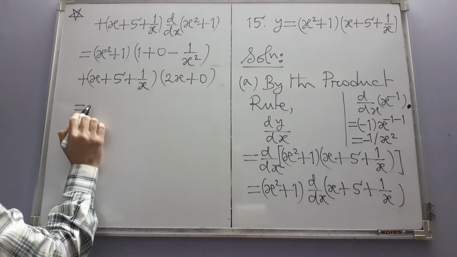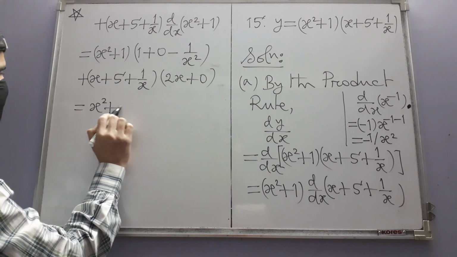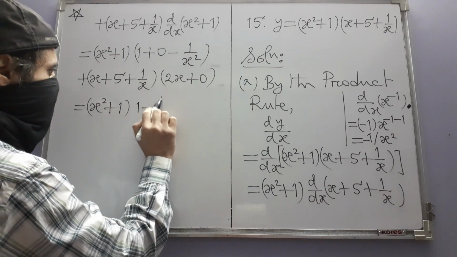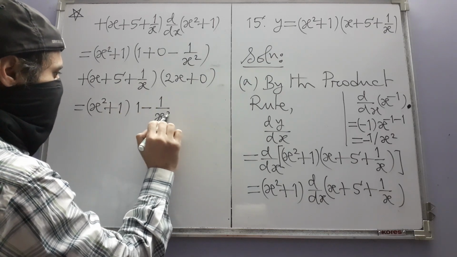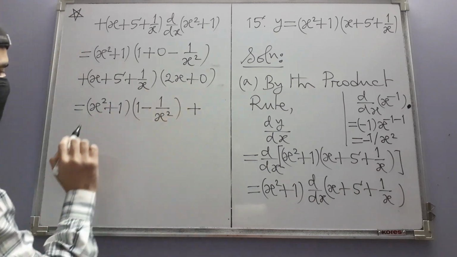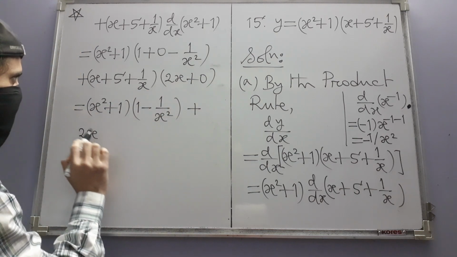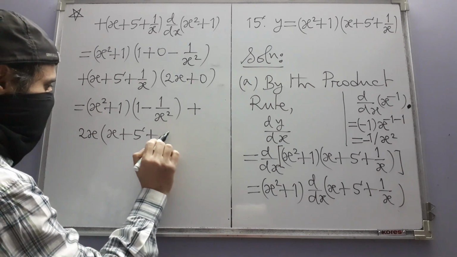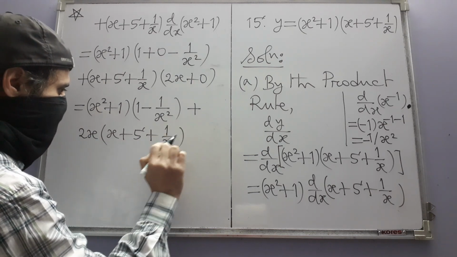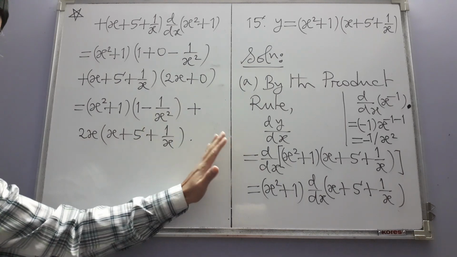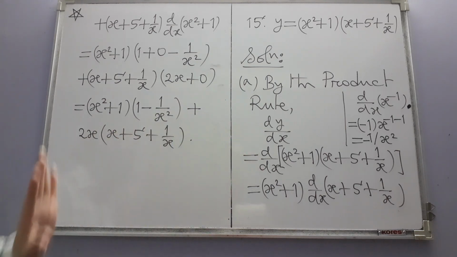So we will get x square plus 1 times 1 minus 1 over x square plus, let me write 2x first, times x plus 5 plus 1 over x. Again, this one I am not going to do the multiplication and simplification. I leave that to you.